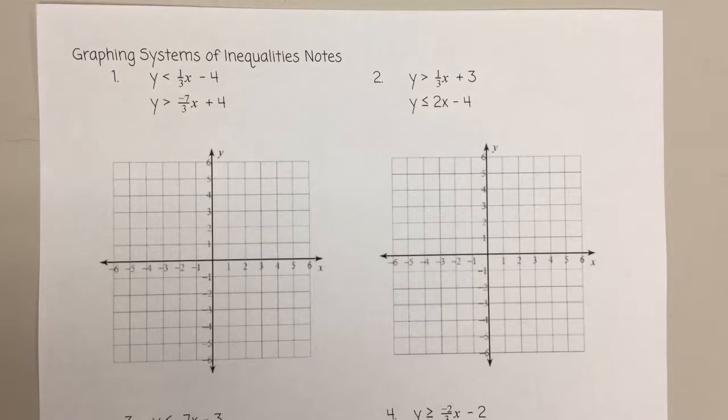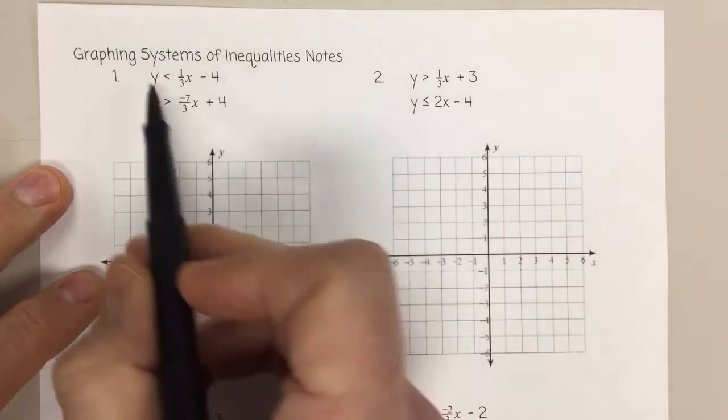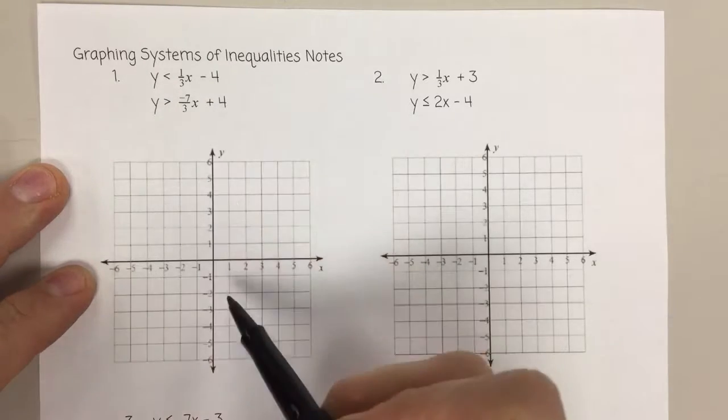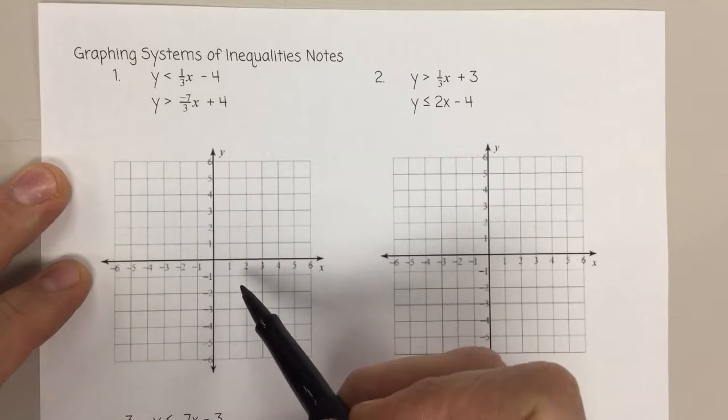This is the last lesson in our unit on inequalities. Today we are graphing systems of inequalities. If you recall from our systems of equations unit, we will have two inequalities that we will graph on the same graph.